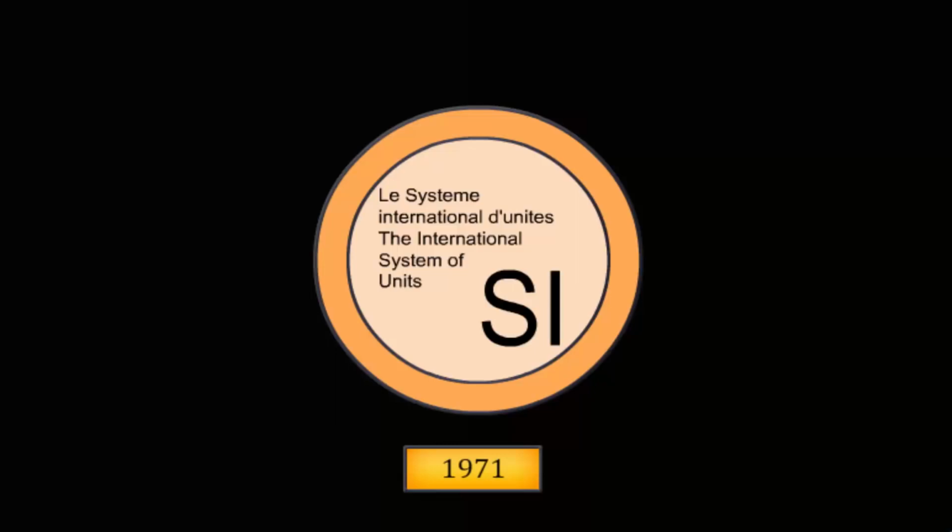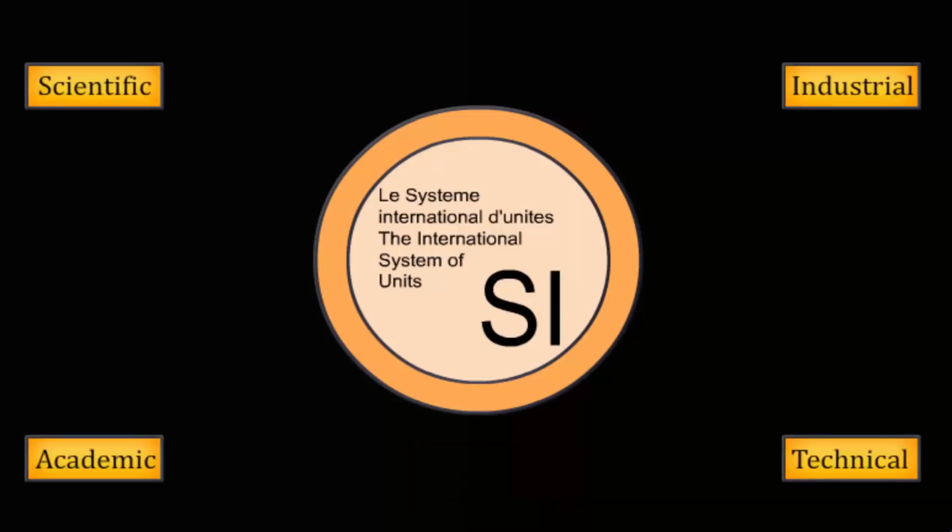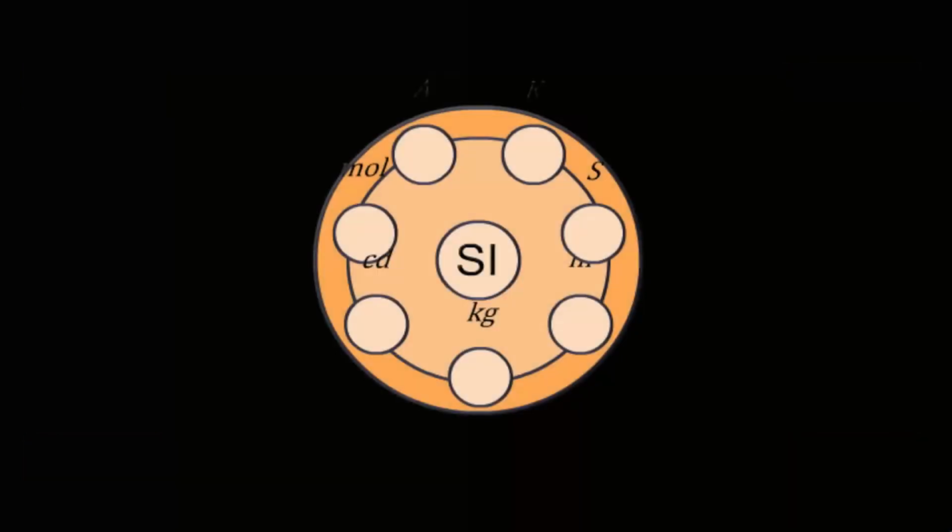Currently, SI units are followed globally for all scientific, academic, commercial, technical and industrial purposes. In SI, there are 7 base units for the 7 physical quantities taken as fundamental quantities. Following are the quantities and their corresponding units.